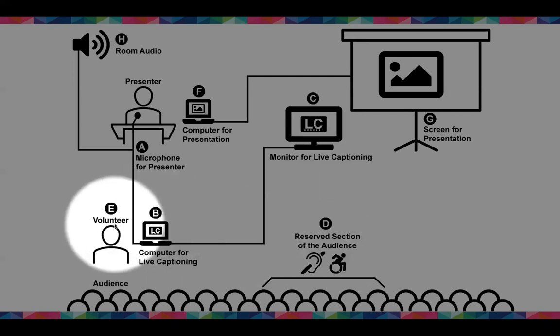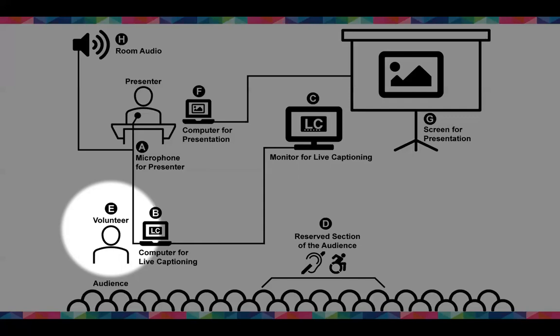Next, over here, we have item E, which is a volunteer. So this is a dedicated person at your event. We can talk a little bit more about how to enlist volunteers at your event that would be able to be in the room. I know at a lot of Drupal events, but this also goes beyond Drupal, just having a volunteer that typically does room monitoring, things like introducing the speaker and doing room counts.